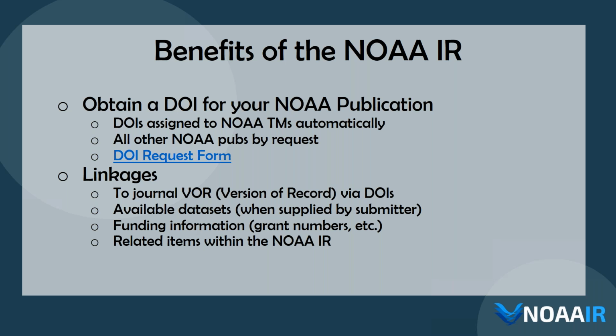We really try to make a web of information connected to your publication. And additionally, there's that DOI assignment. All NOAA publications that are submitted to the IR are assigned a DOI. This, again, helps with citation and accessibility of your document.